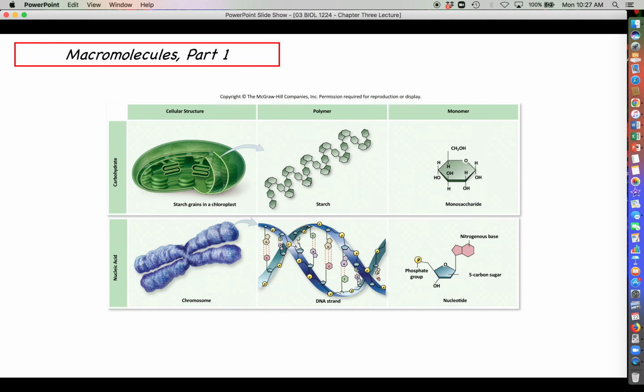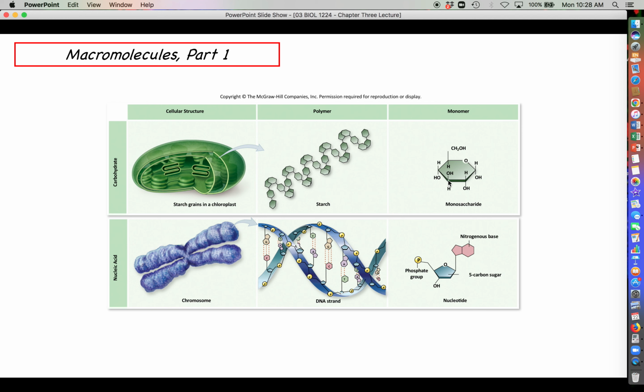Okay? So if we look at what our different types of macromolecules are, we want to focus on what makes them all similar, which is that they are all polymers built using dehydration synthesis, but also what sets them apart. And what sets them apart is what kind of monomer is used to make the polymer. So if we start by looking at carbohydrates, like the starch that you see here, this starch is just a big polymer of little individual sugar molecules called monosaccharides.